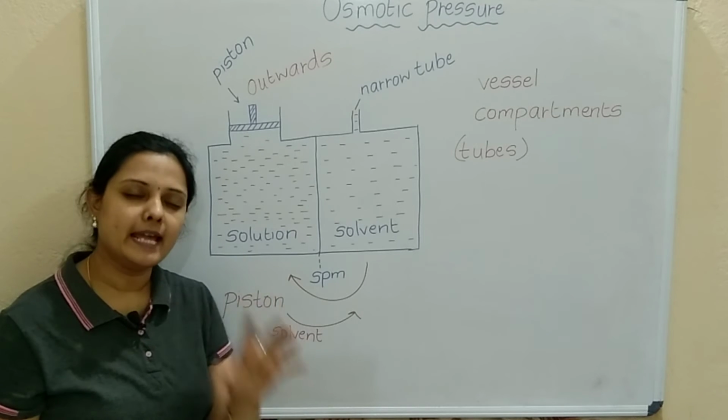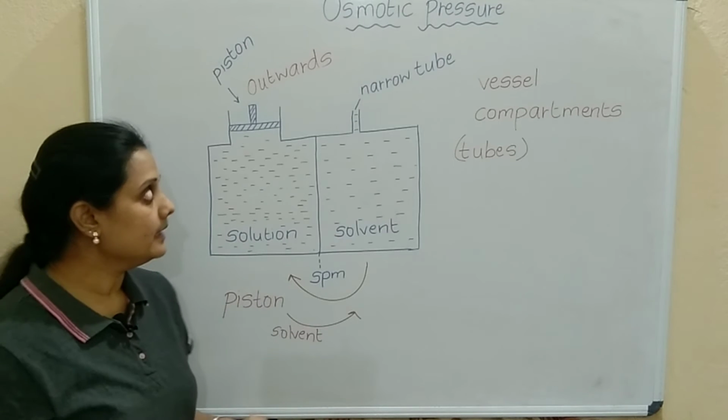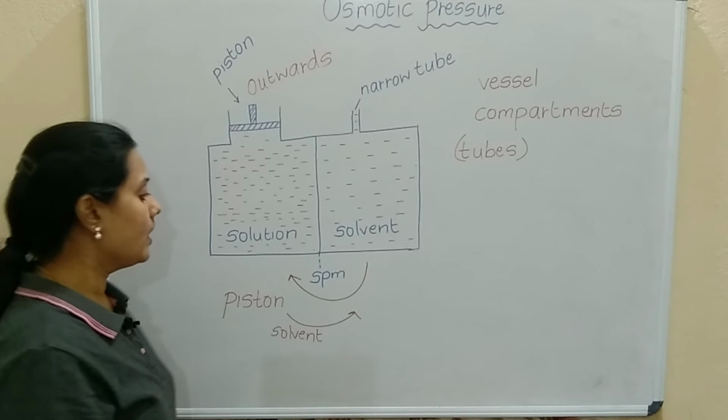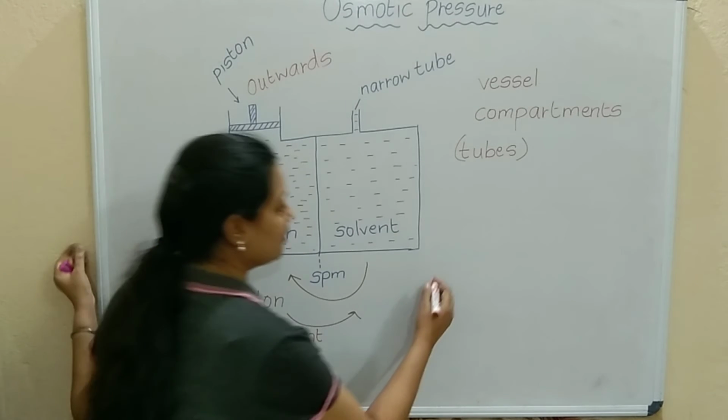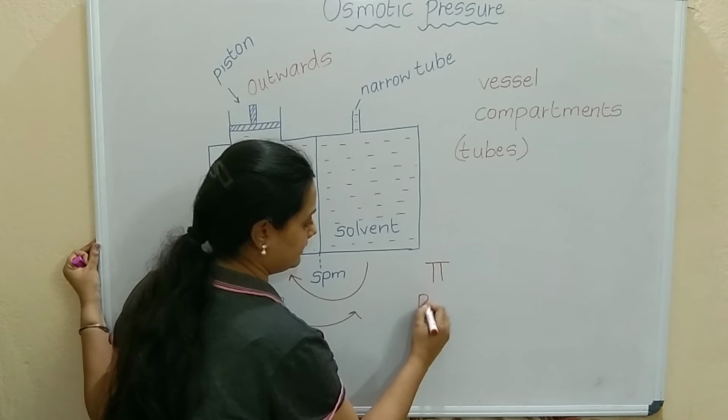The minimum excess pressure that is applied is called the osmotic pressure. Correct. Osmotic pressure, we denote it as pi.